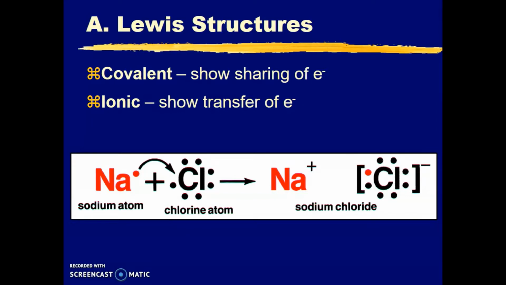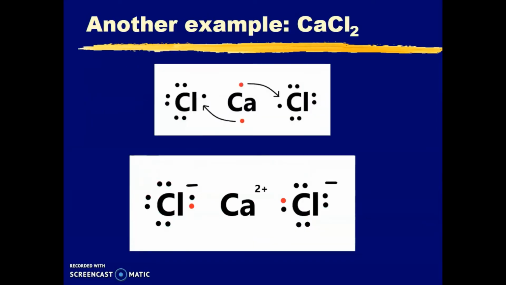Okay, so here's another example where we use 3 elements: 1 calcium with 2 chlorines. Calcium has 2 valence electrons. Both of the chlorines each have 7. So when all 3 of these come together, that calcium can give one of the chlorines an electron, and it can give the other chlorine an electron.